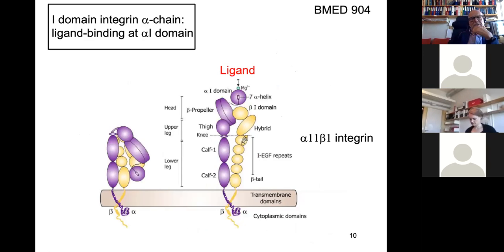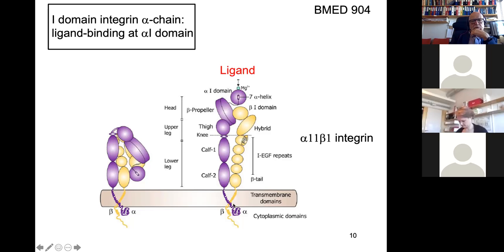But a subset of integrins, actually 9 out of the 18 alpha subunits, have an extra domain. It's called the I domain, inserted domain, that sits on top of the beta propeller. Those integrins bind ligands only via the I domain.